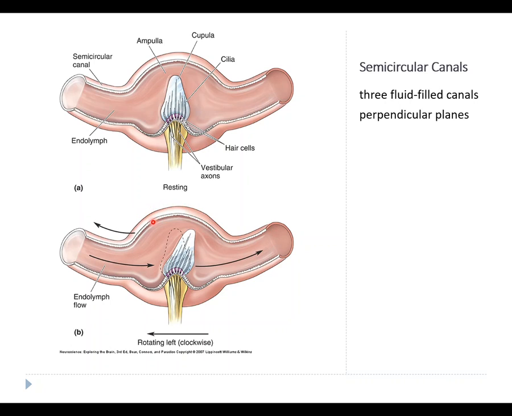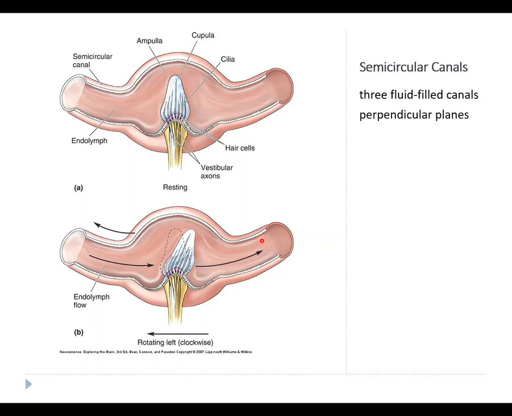As you accelerate your head to turn clockwise, the endolymph essentially flows in the opposite direction because it hasn't yet caught up to the movement of your head. So that flow will push the cupula and thus the cilia inside counterclockwise. And of course, the opposite would happen if you rotated your head to the right.